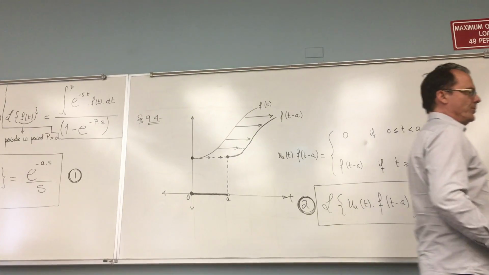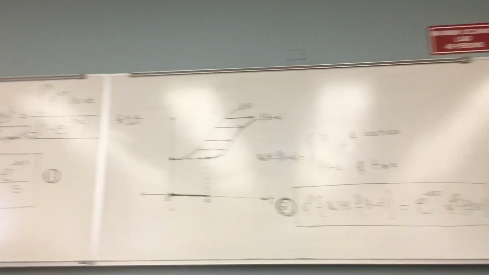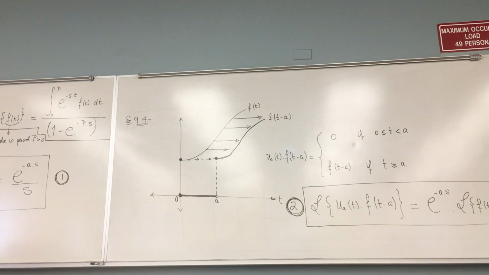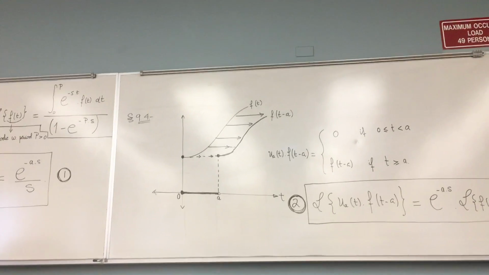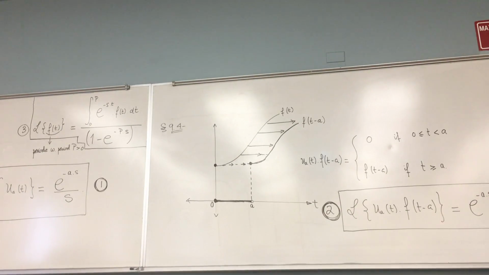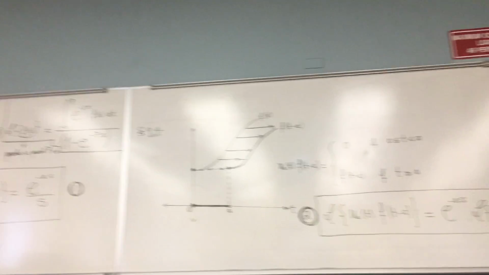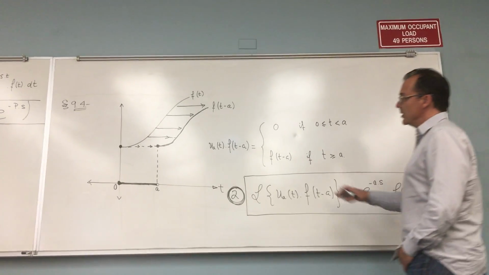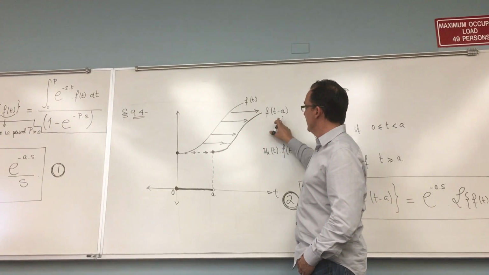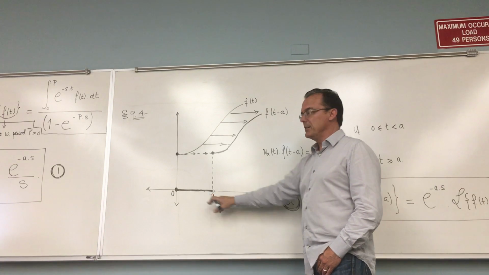Formulas that you need, in a sense, to memorize. Number 1 for a step function u_a(t). Number 2 for the horizontal shift of this function, 0 at the beginning.